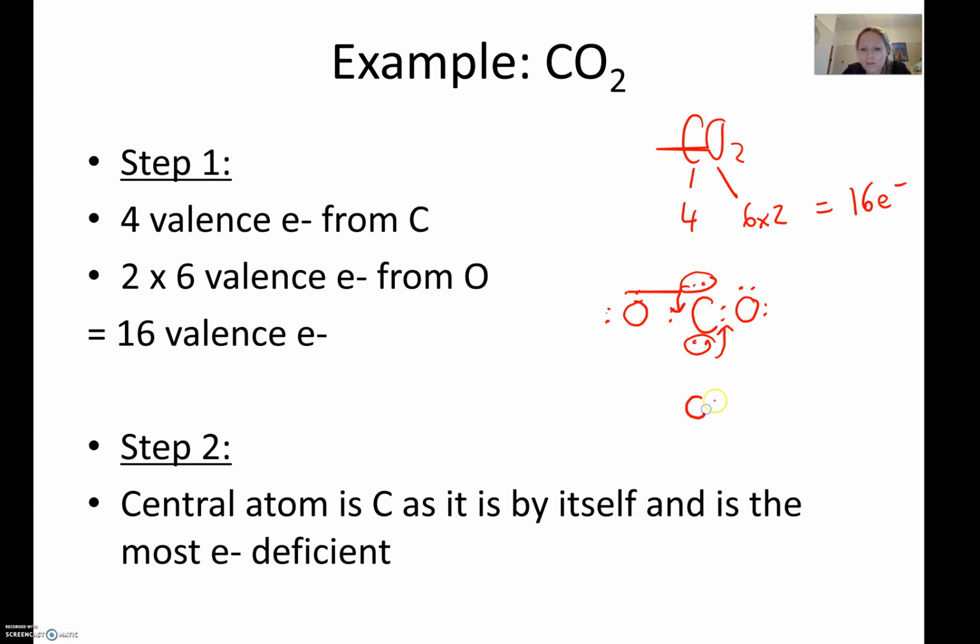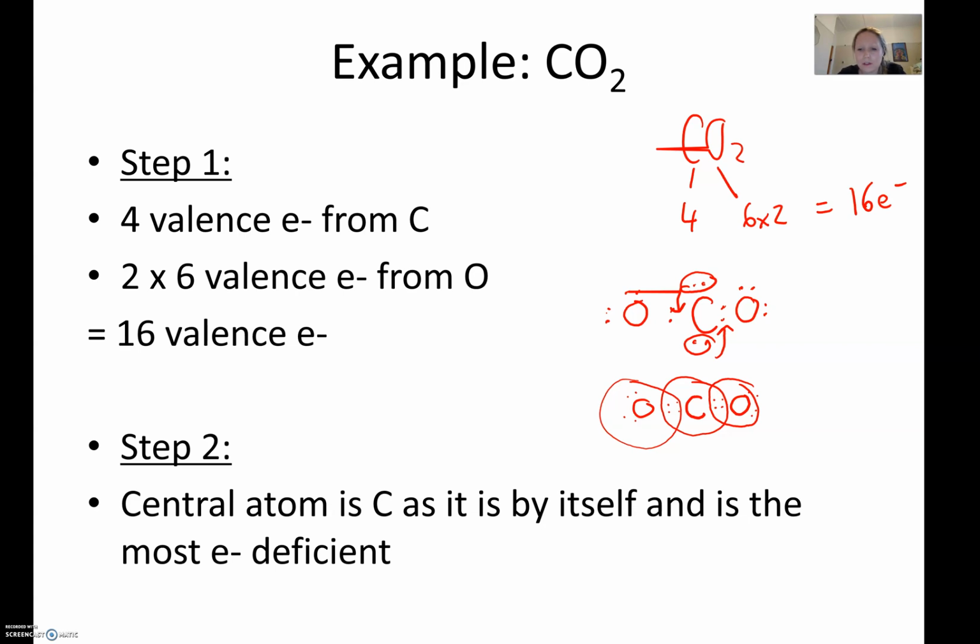So what you end up having is 2 double bonds in this structure, like so. Now this oxygen's got 8 electrons, this oxygen's got 8 electrons, and the carbon's got 8 electrons, so they're all happy. So this skill is a bit trickier, takes a bit of practice, so don't panic, we'll keep doing some more examples.